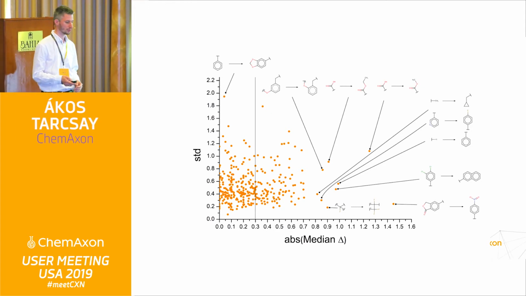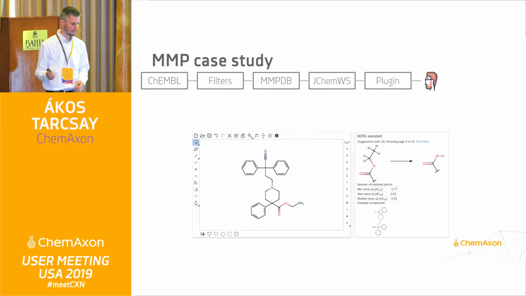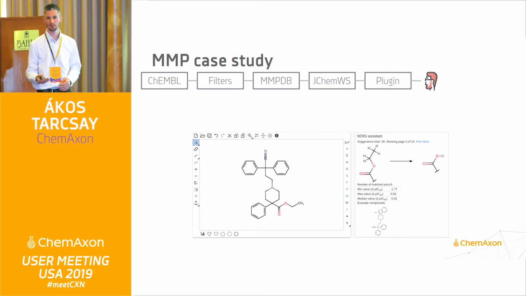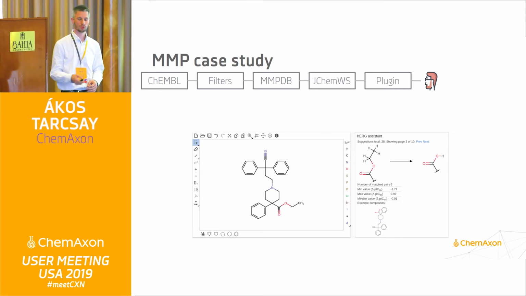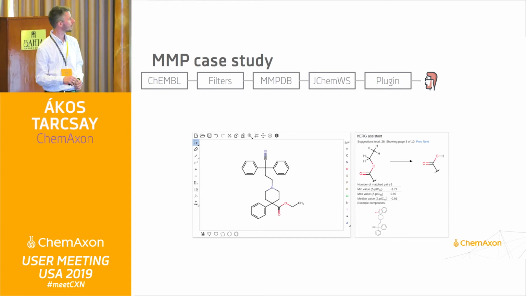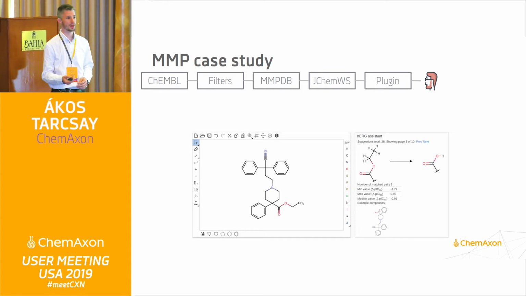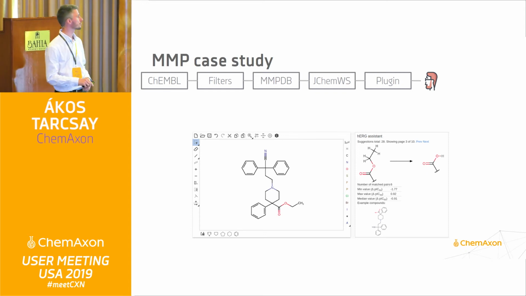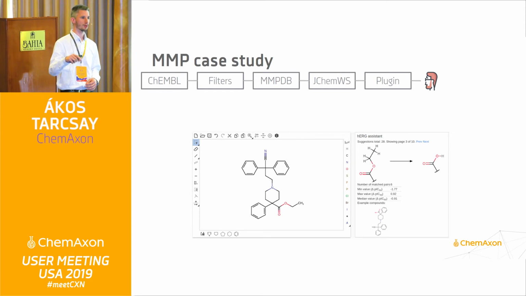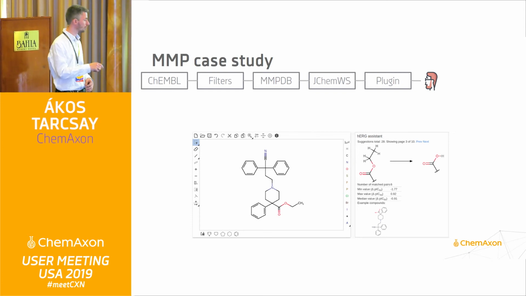So how does it look in Marvin Live? This is the final plugin. That's what the user will see and face. Whenever you draw a structure and activate this hERG Assistant plugin, it will come up as an assistant and suggest a possible transformation by checking if the fragment from the rule set is available in your molecule.